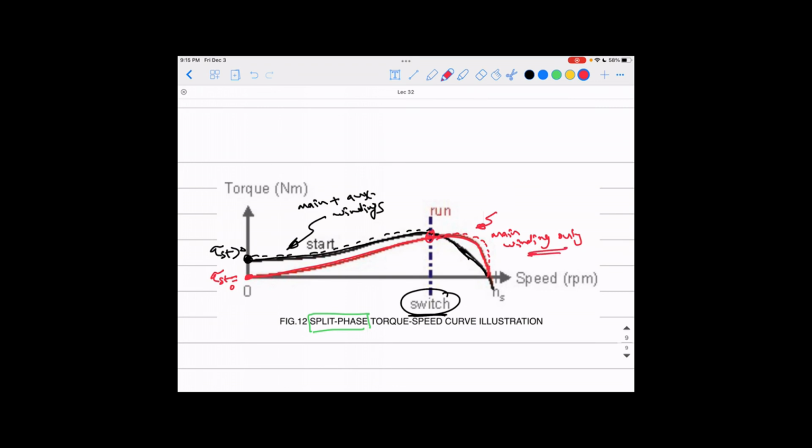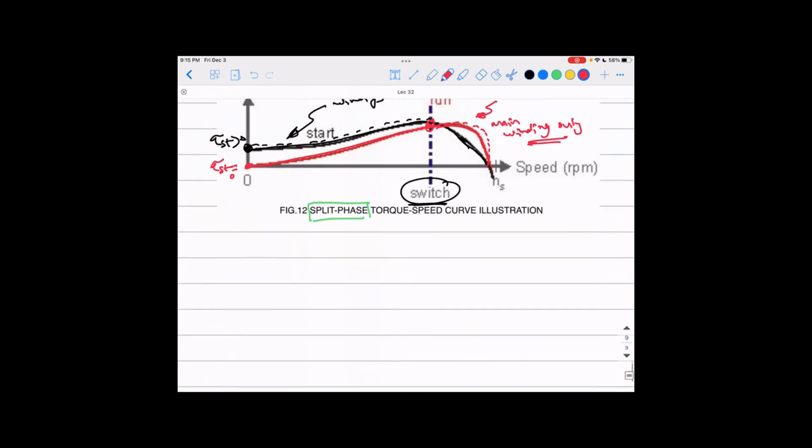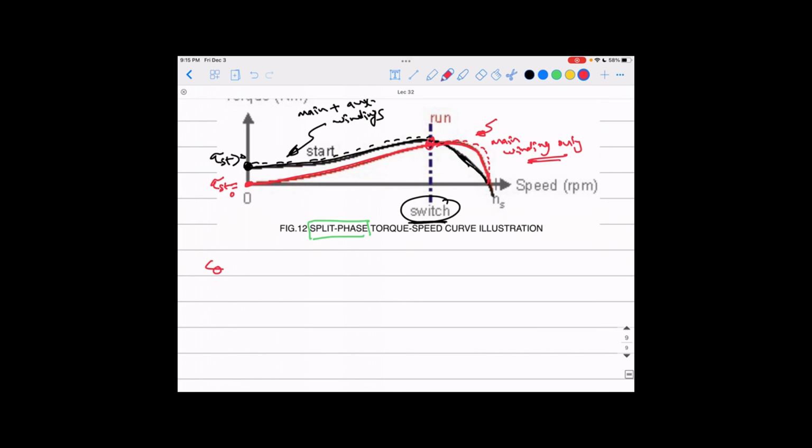But once we reach here, we don't need the starting torque anymore because the motor has already started rotating, and its inertia will keep the F forward higher than the F backward.